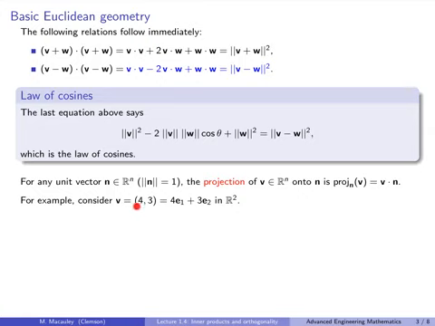Consider the vector 4, 3, which is 4e1 plus 3e2 in R2. Let me draw a picture of this. So here's the vector 4, 3. Remember, it doesn't matter if we write it vertically, like this, or as an ordered pair, like that. But let's project this vector onto e1 and e2.